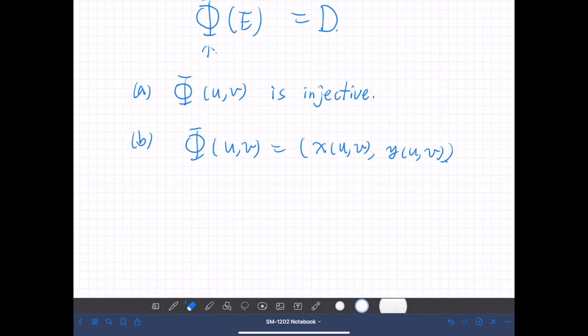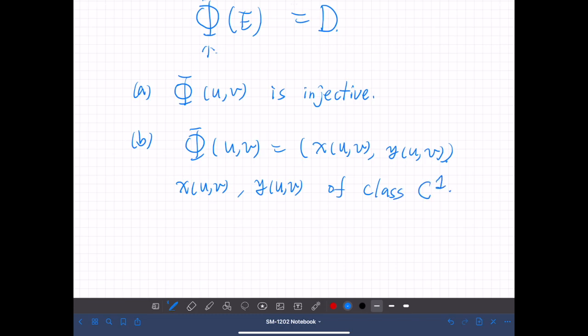We assume that these functions x(u,v) and y(u,v) are of class C1 at least. That is, these functions are continuously differentiable with respect to u and v.